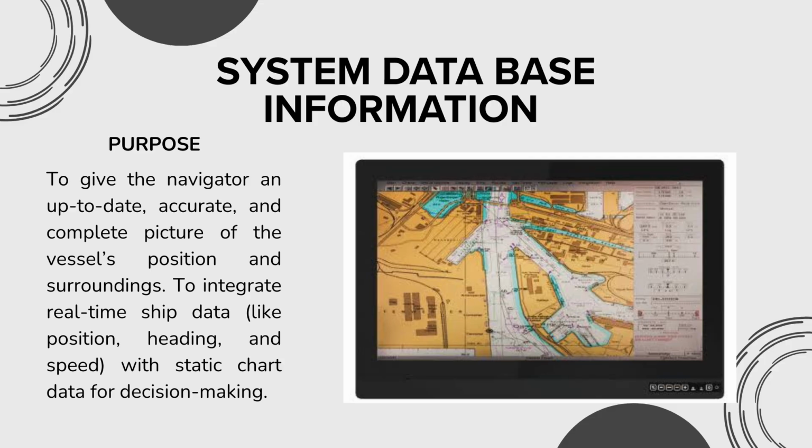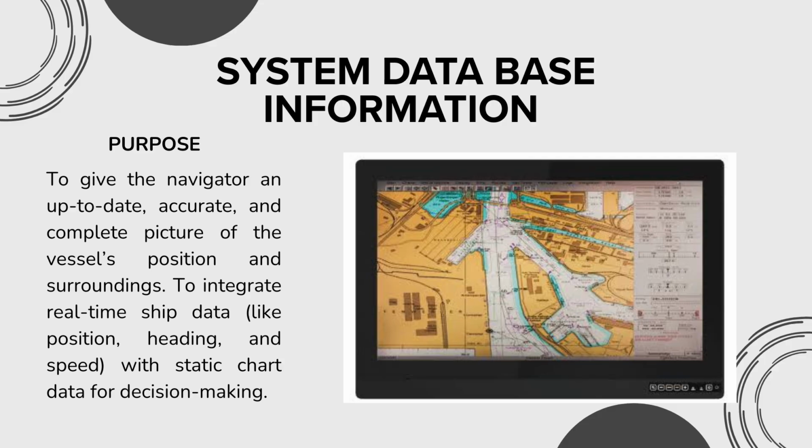As we all know, system database information is a system that is overlaid inside the ECDIS. Without this, it would be hard for the navigator or the officer on watch to get the data, rather than having it manually.